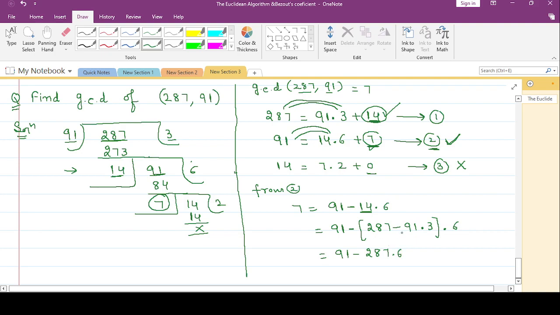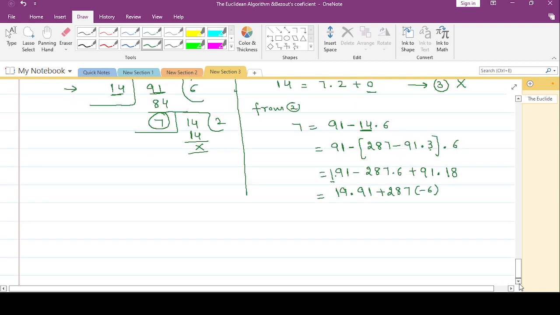Minus minus plus, so it is 91, 3 into 6, which is 18. The coefficient here is 1, so 1 plus 18 is 19. 19 into 91 plus 287 into minus 6.